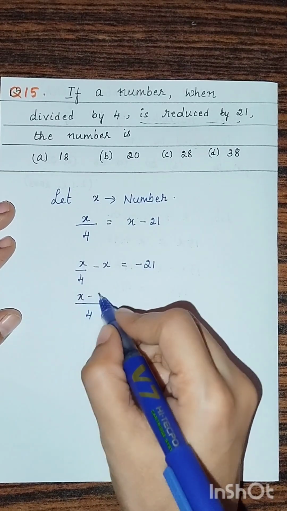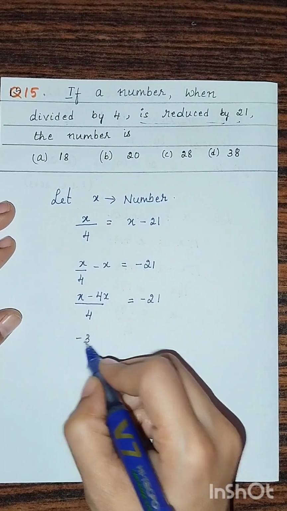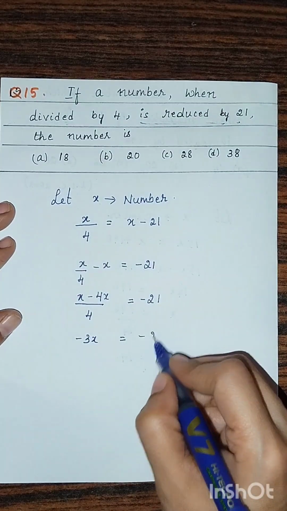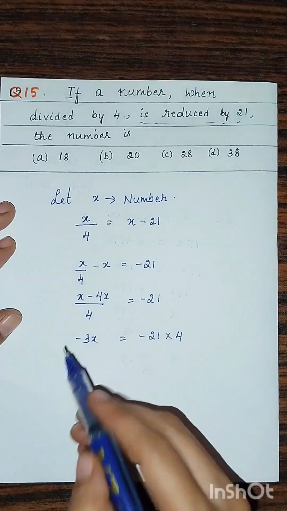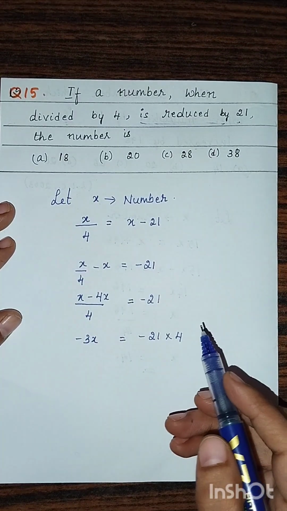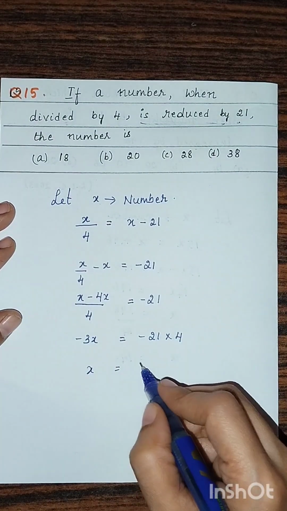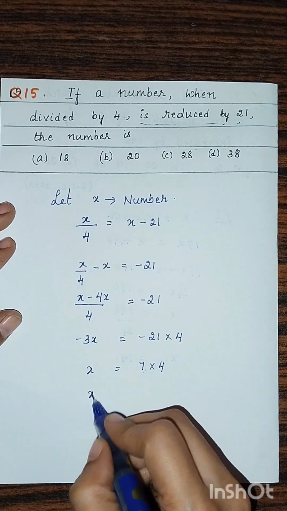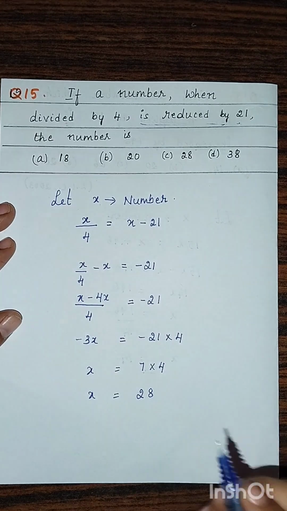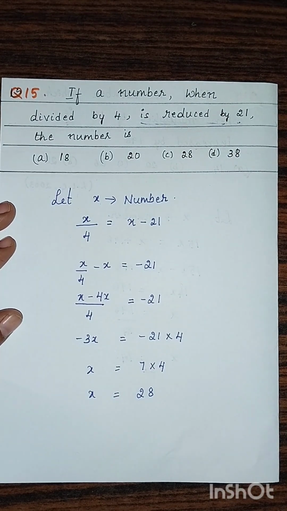So you will get x minus 4x is equal to minus 21. Minus 3x is equal to minus 21 into 4. So if you multiply minus on both sides, minus and minus will become positive. So x is equal to 3 times 1, 3 times 7. So 7 times 4. So the value of x will be 28. So the correct option is C, 28.